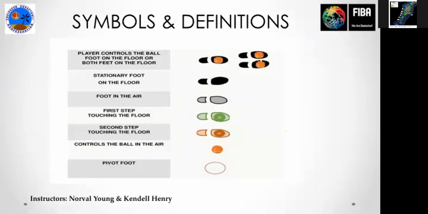The green with one S is the first step, touching the floor. The orange or brown is the second step, touching the floor. The ball by itself means the ball is controlled in the air. And the circle with the red line, with nothing in it, relates to the pivot foot. Okay, onward we go.